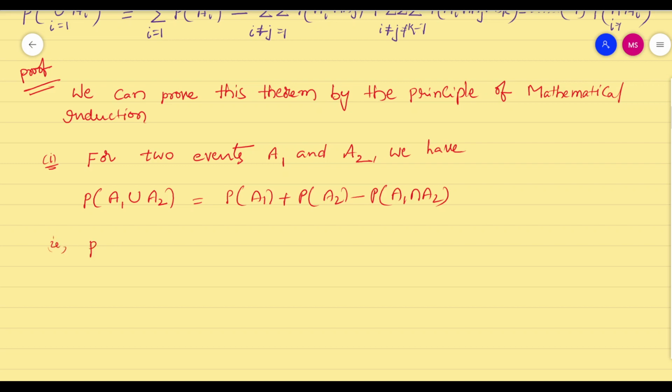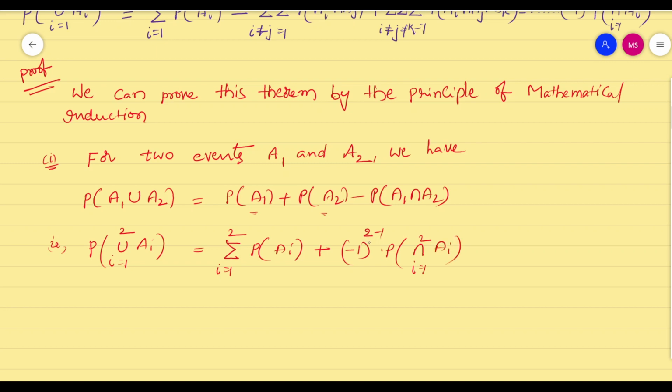That is, P of union i running from 1 to 2 of Ai is equal to P of A1 plus P of A2, that is, summation i running from 1 to 2 of P of Ai, plus minus 1 whole to the power of 2 minus 1 into P of intersection i running from 1 to 2 of Ai.